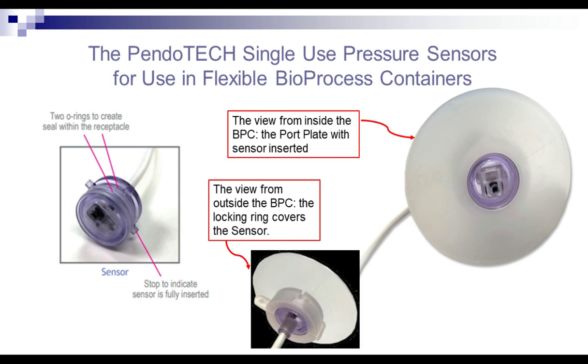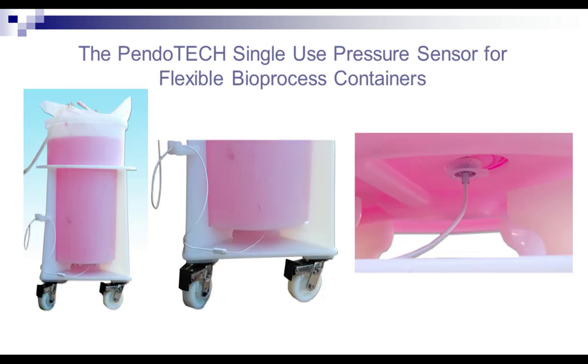And just to give you an idea of what that looks like on an actual bioprocess container or bag, we're going to go to the next slide, which shows you on the left a zoomed out version of a tote with a bag inside.